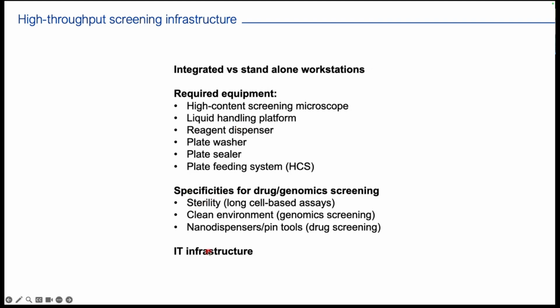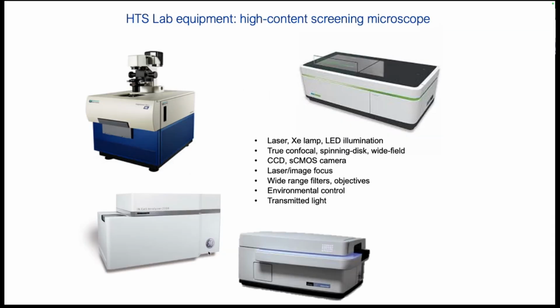Then, depending on the type of screening that you are doing, you may need long-term sterility if you're using live cells, or, for example, nano-dispensing capabilities if you're doing drug screening, where you want to dilute your compounds in the vehicle for screening. These are just some examples of microscopes.